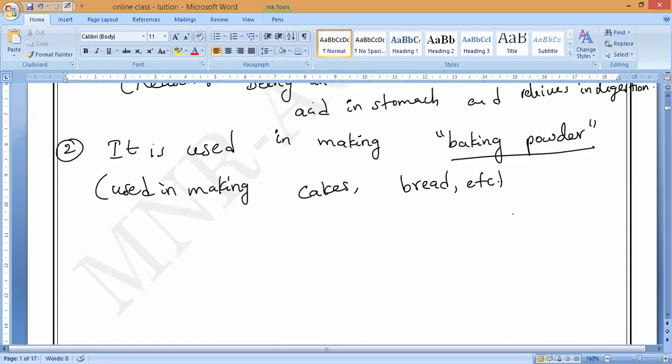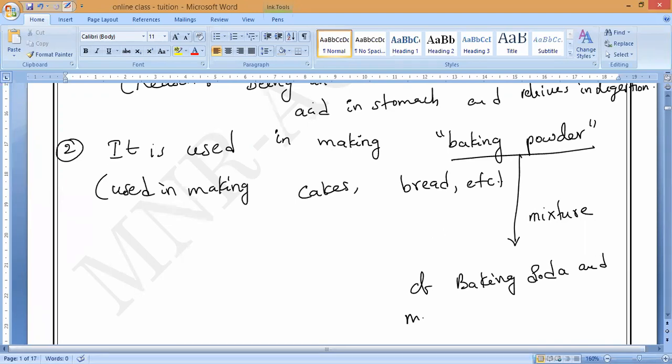It is a mixture of two things. A mixture of baking soda and a mild edible acid.